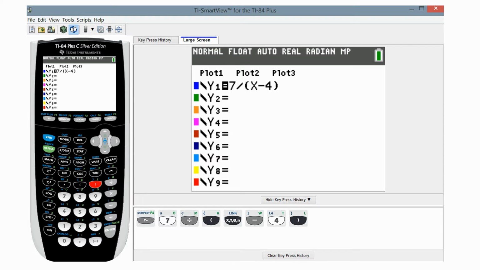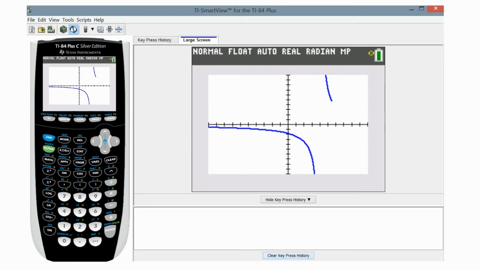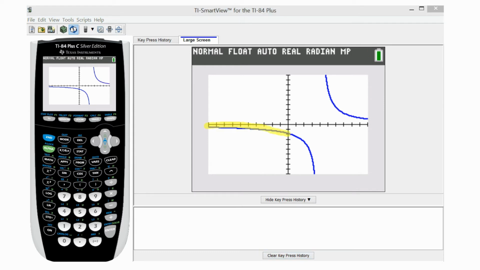Close parentheses, and now we want to go to zoom, standard 6. Looking at our graph, you'll notice that it goes down from left to right, then it starts at the top and goes down from left to right.